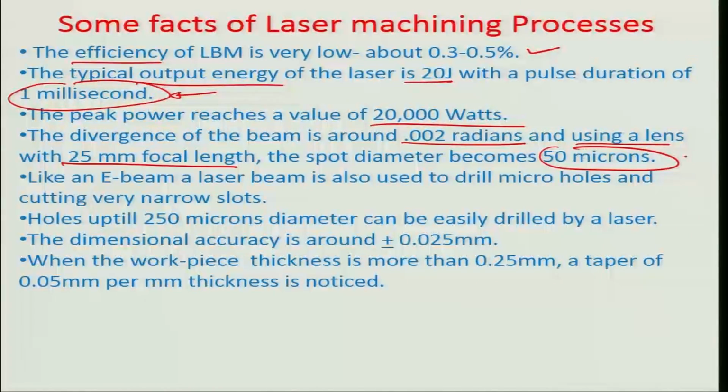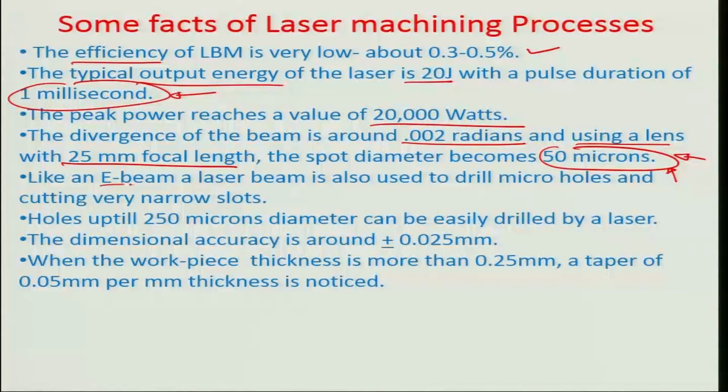Spot diameter can be as low as about 50 microns. There are other versions of modern lasers which can go even further down to almost 1 micron in the case of lithography, but that really involves very costly optics.